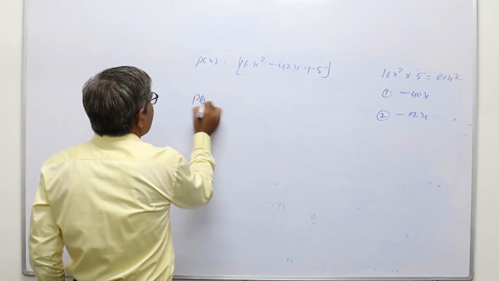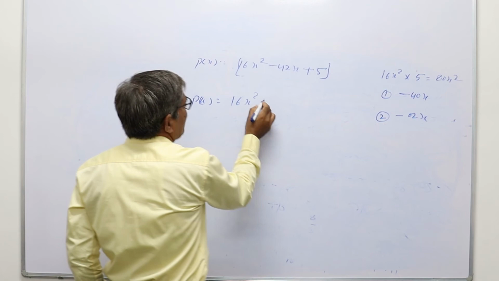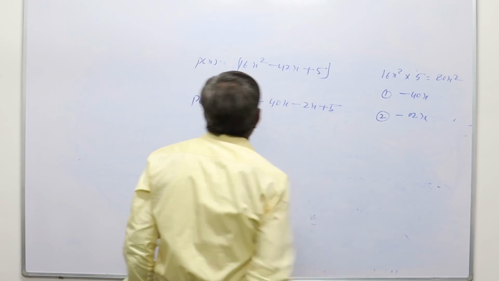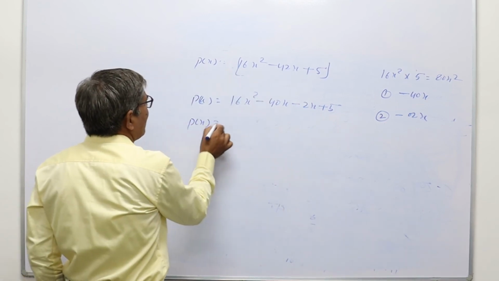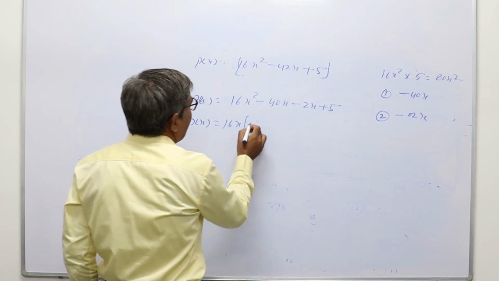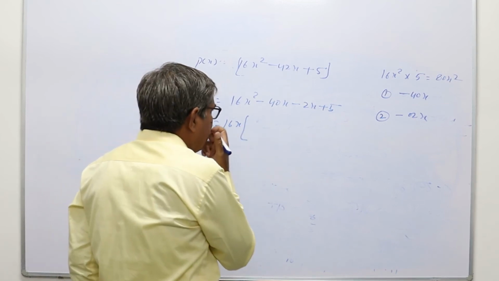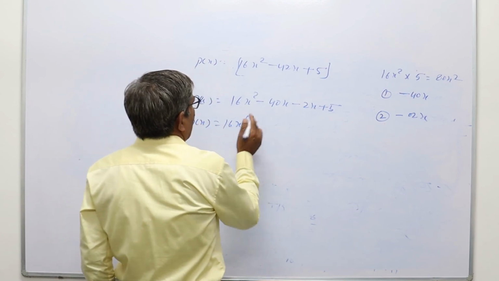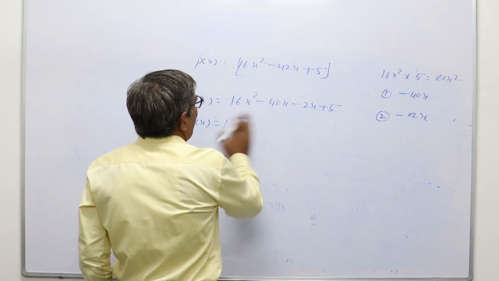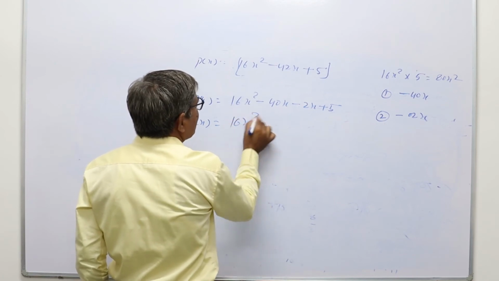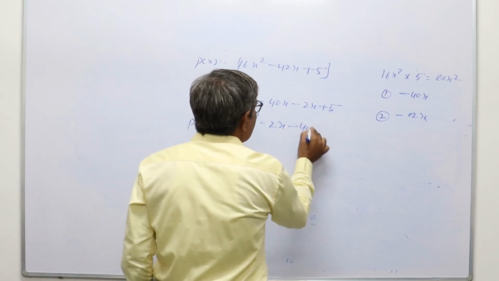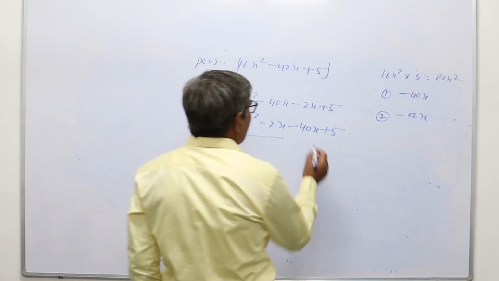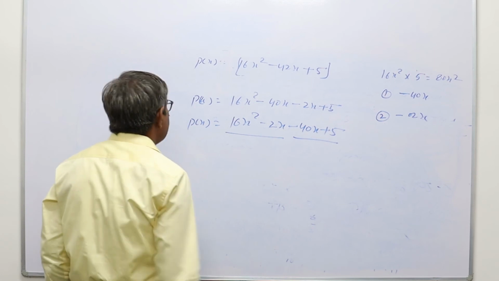So p(x) is equal to 16x square minus 40x minus 2x plus 5. Now we take 16x square minus 2x minus 40x plus 5. The first two terms are 16x square minus 2x and the last two are minus 40x plus 5.